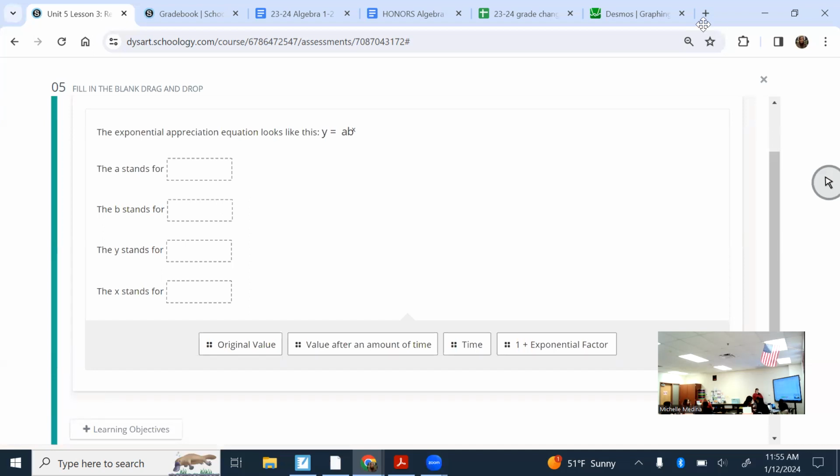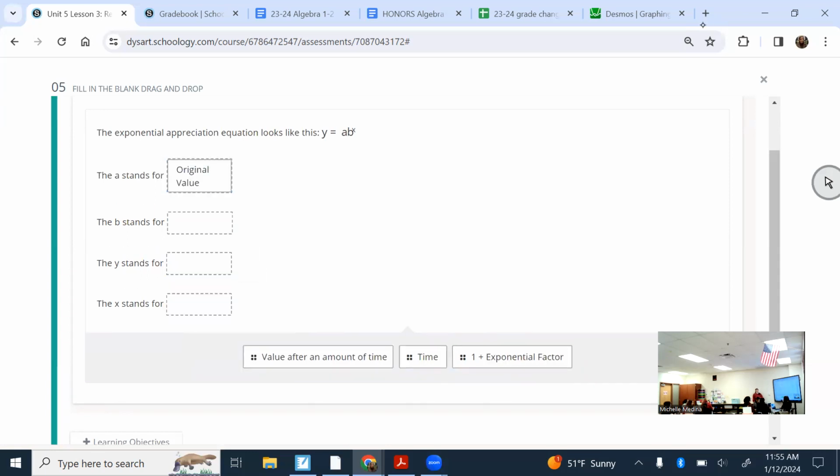Which of these phrases would be a synonym for initial amount? So what's another synonym? Starting amount, y-intercept, what else? The first number in the sequence. So A is your original value. B is my what in this one?